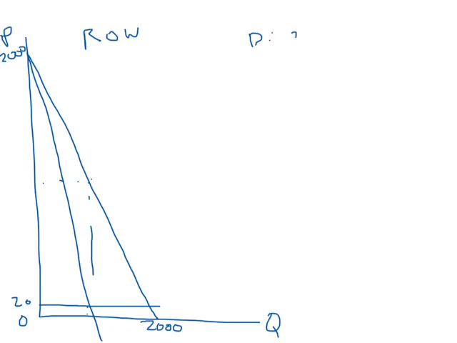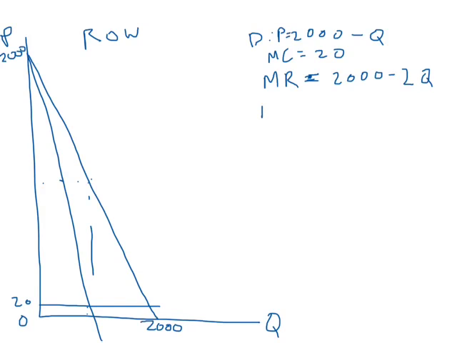Demand in this market is P equals 2,000 minus Q. Marginal cost is still 20. So marginal revenue is, I can just say, equal to 2,000 minus 2Q.